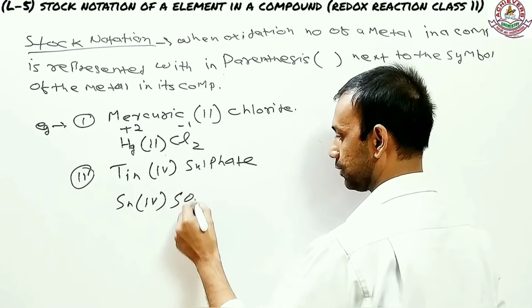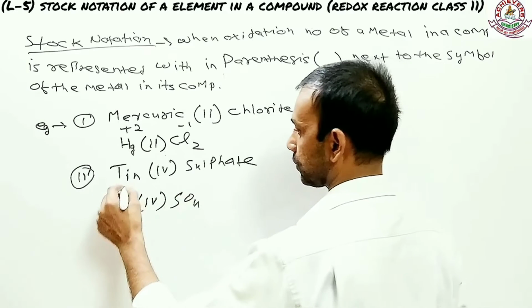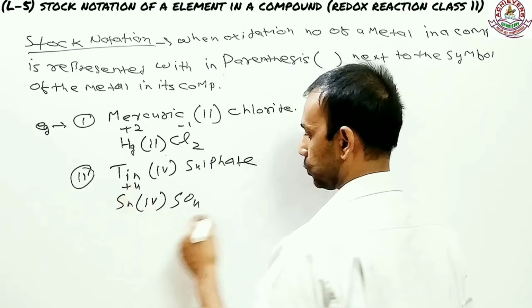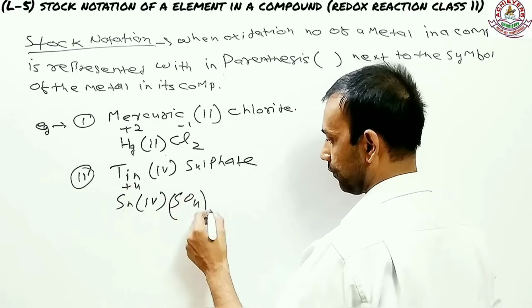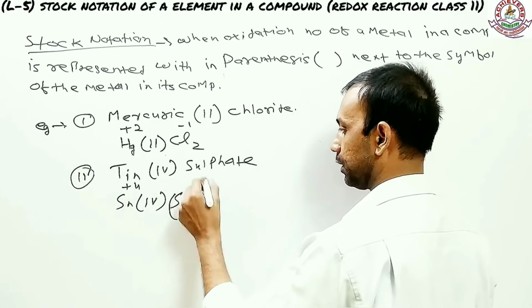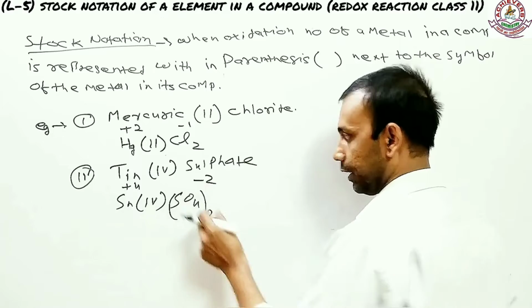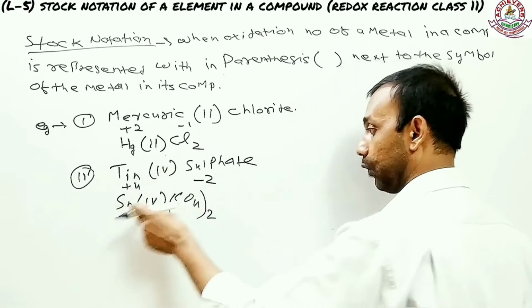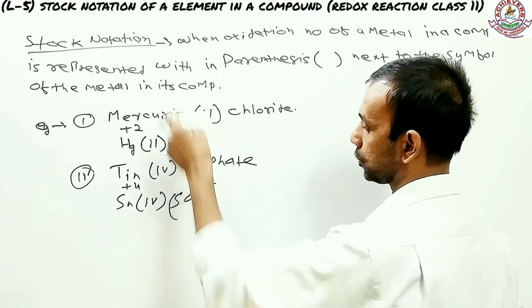Sulfate is SO4, but as you can see the oxidation number here is +4. So we need to multiply sulfate by two, so that it also becomes -4. Writing a formula in this manner is what is called stock notation.